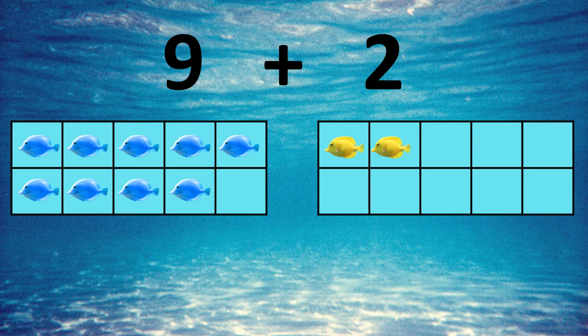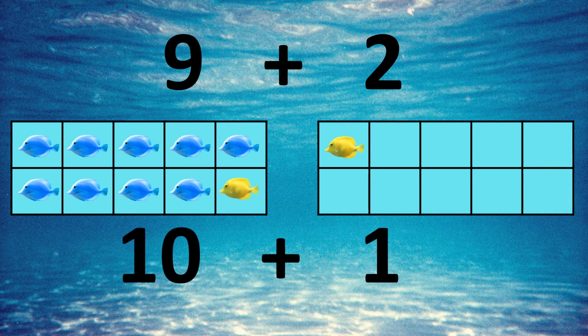Well, the 10 frame with the blue fish is the closest to being full. So we're going to move some of our yellow fish over to fill the blue fish frame. When we do that, we now have 10 fish in the full frame and 1 fish in the other frame.